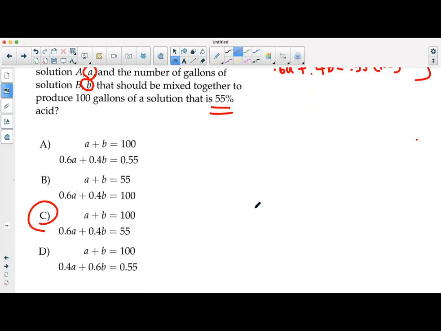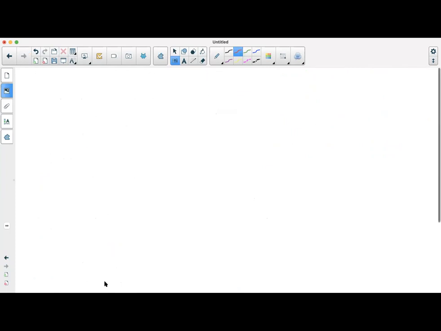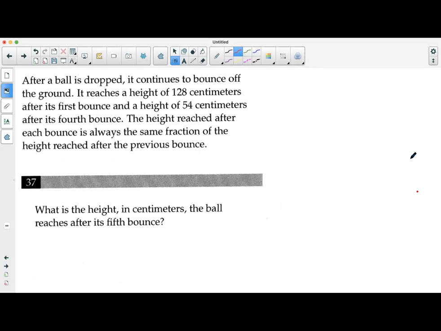Okay, so that's basically what we can do. All right, guys, so that was number 30. The next ones that were asked were number 37 and number 38. After a ball is dropped, it continues to bounce off the ground. It reaches a height of 128 centimeters after its first bounce, and a height of 54 centimeters after its fourth bounce.